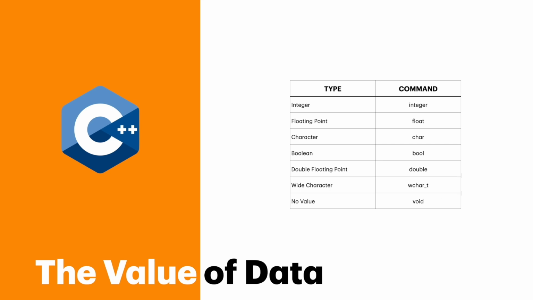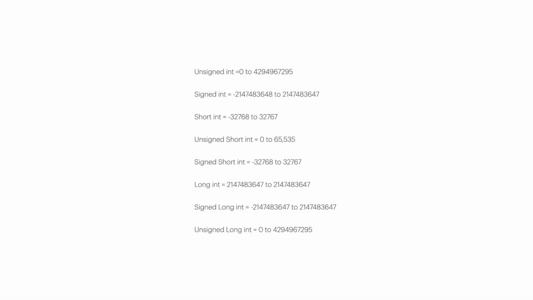Basically, this means the modifiers can expand the minimum and maximum range values for each data type. For example, the int data type has this default value range, which is a fair value, you would agree. But now, if you were to use one of the modifiers, the range alters.